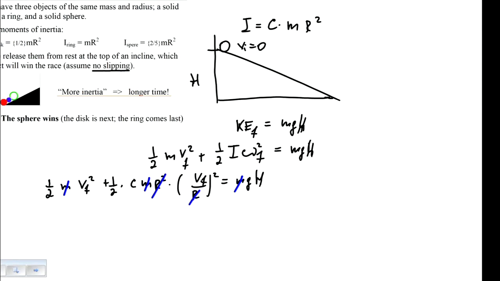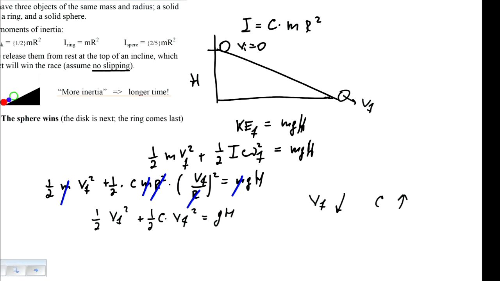What's left? 1/2 v final squared plus 1/2 form factor v final squared equals gh. Of course, now we can solve it for the final speed. And final speed goes down when the form factor goes up.